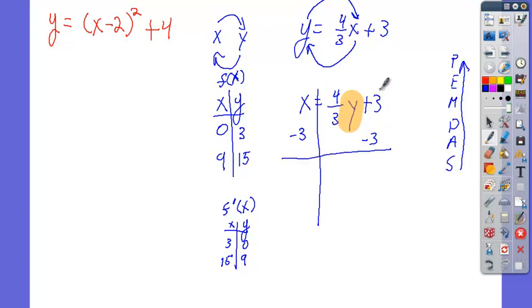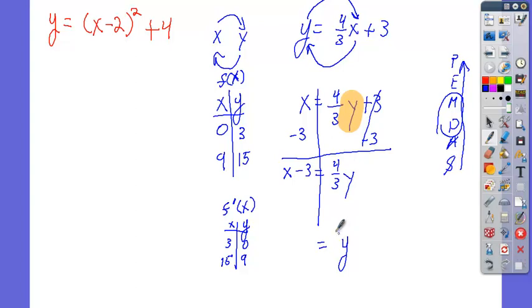So these two cancel out, and I'm left with x minus 3 equals 4 over 3y. Now, at this point there's nothing left to add or subtract, and I'm looking at the multiplication and division. And remember, my end result, I want to get this to be just y equals, right?